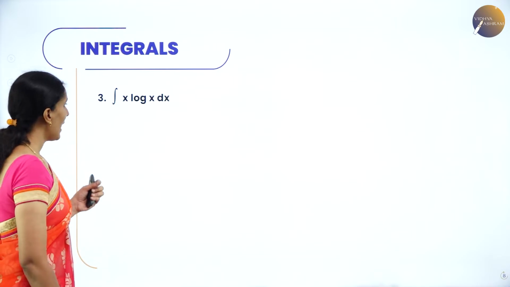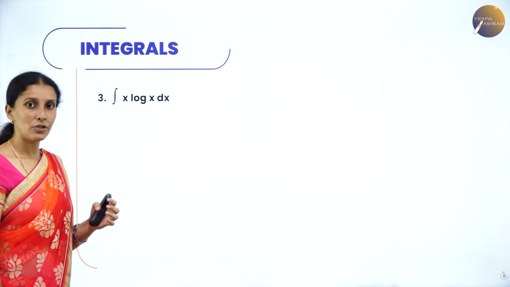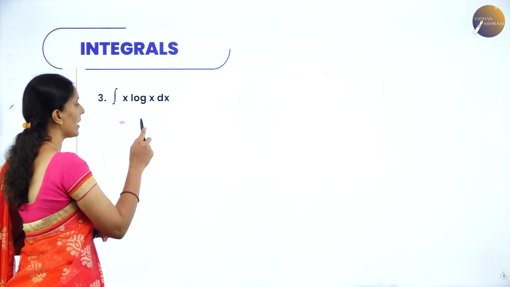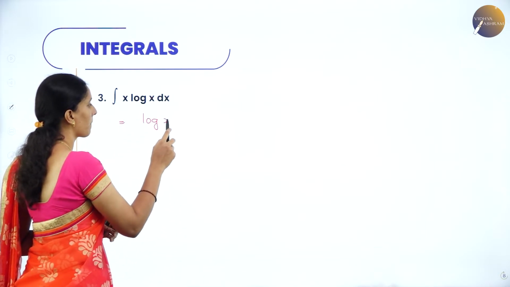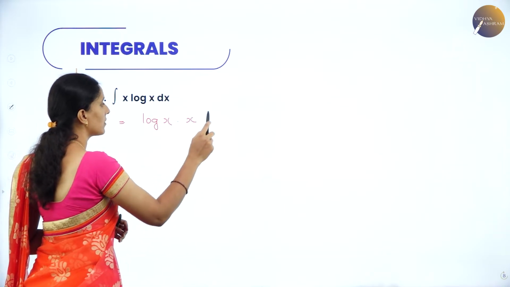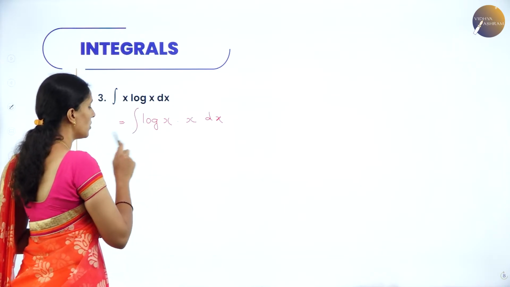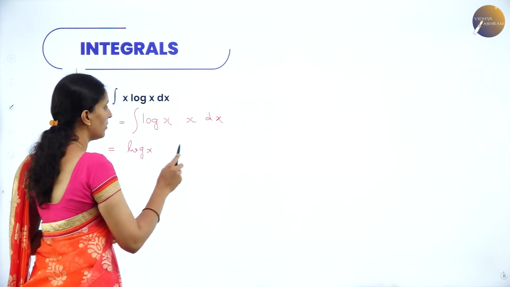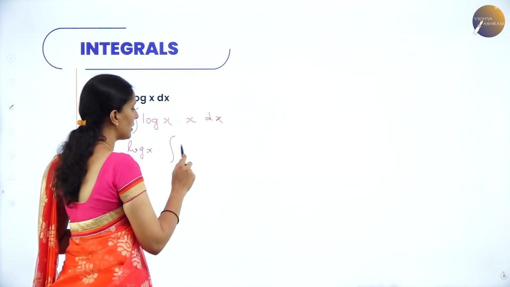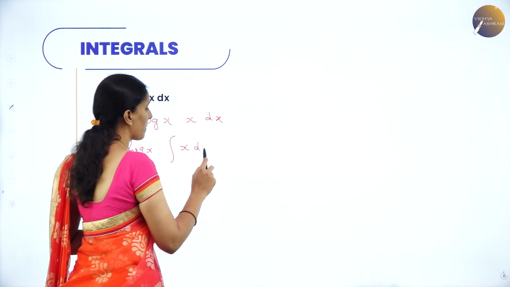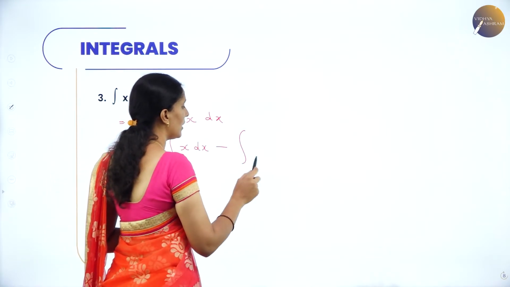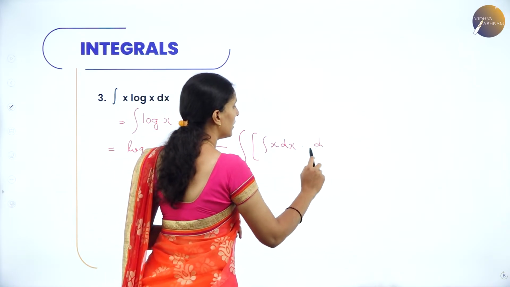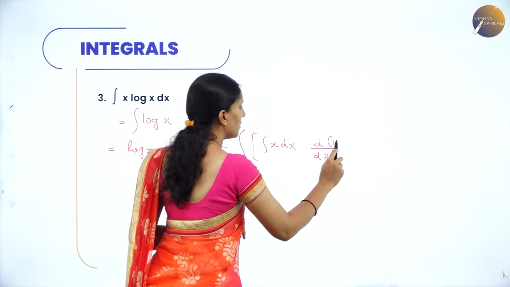Next one we have x log x. So what has to be chosen first? Log has to be chosen first. So therefore we take it as log x into x with respect to dx. So what does it say? First function into integral of second, that is x dx, minus integral of second into derivative of first.